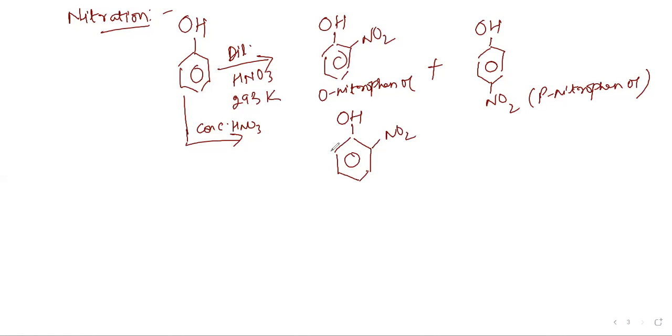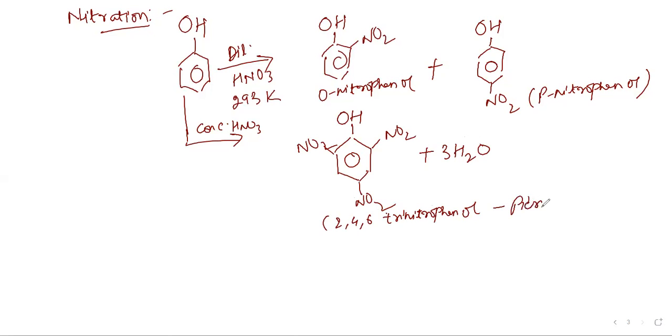You have NO2 here, NO2 here, and NO2 here, plus 3H2O. The IUPAC name of this product is 2,4,6-trinitrophenol, or we call it picric acid.